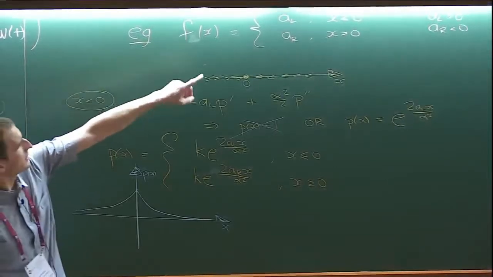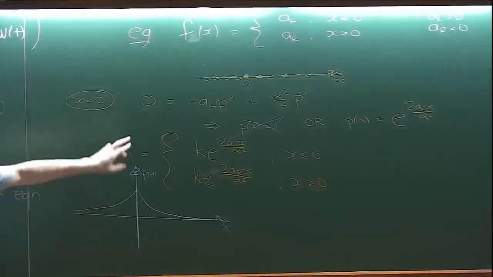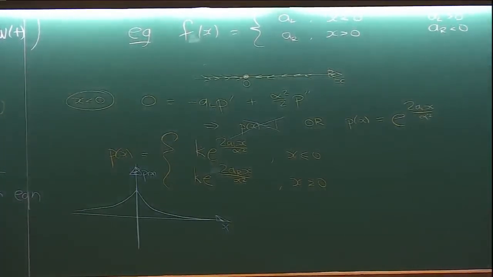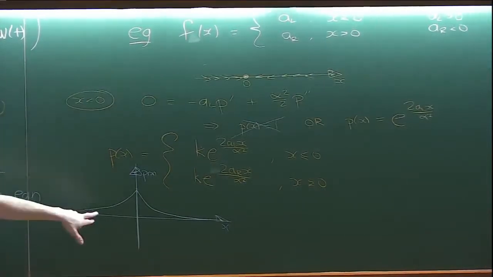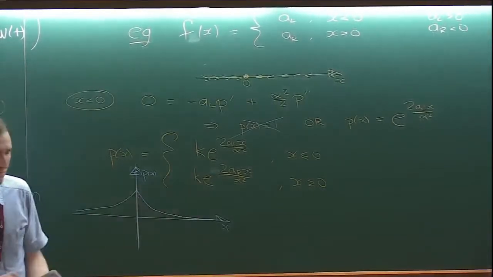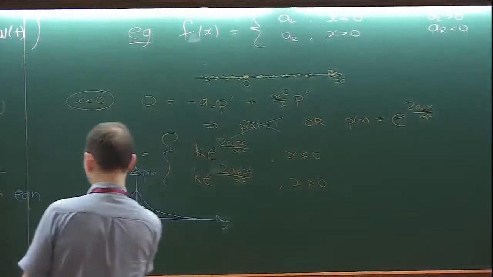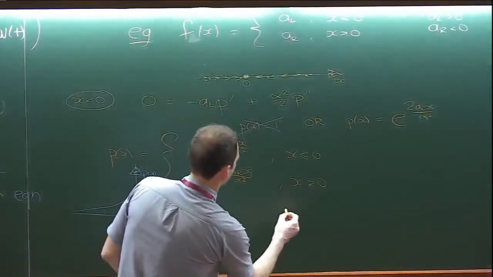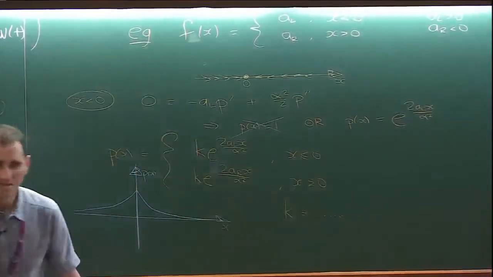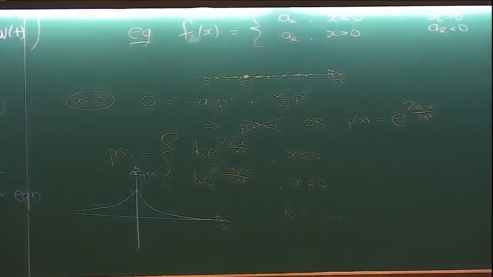So for a piecewise constant, one-dimensional ODE with noise, the steady state density is a piecewise exponential. It has to integrate to 1, so you can use that to solve for k. I'll leave it for you to do the integration.